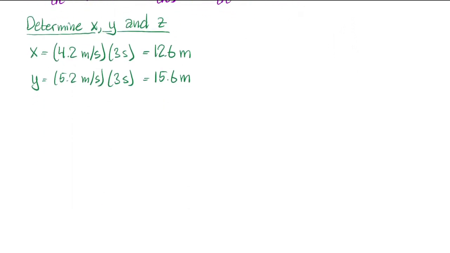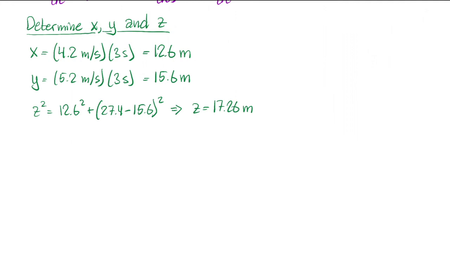So z squared equals 12.6 squared plus 27.4 minus 15.6 squared. And that means that z, if we evaluate this, is 17.26 meters. So that's the distance between Steve and Mary after 3 seconds.